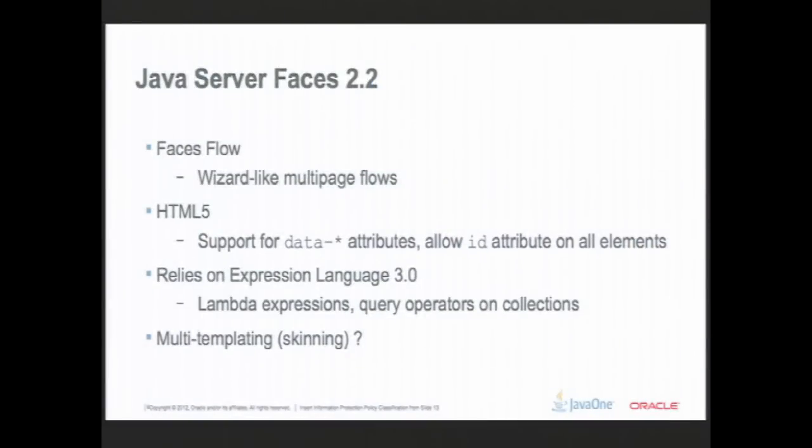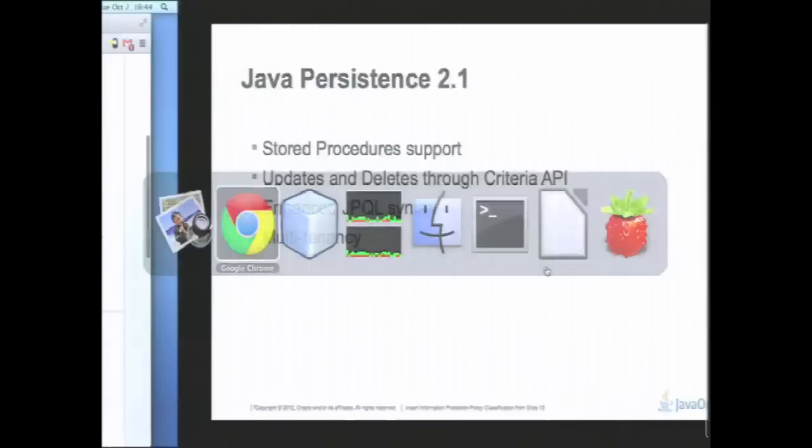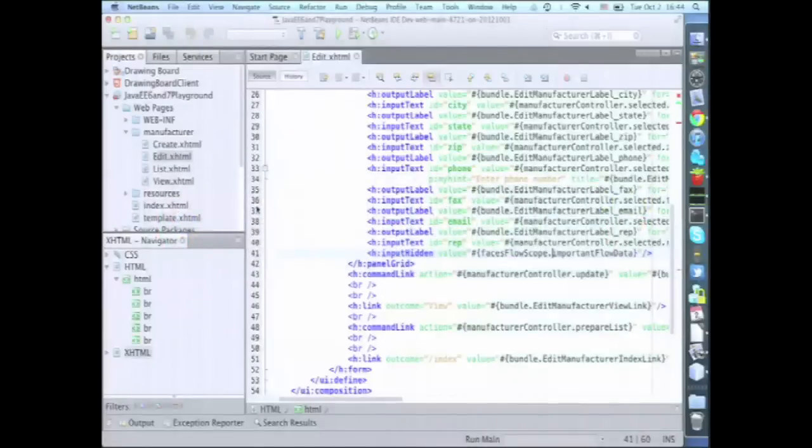So let's go on to the next area, which is Java Persistence 2.1. The new features here are stored procedure support. So basically you can have a named query. Let me just show it right now.